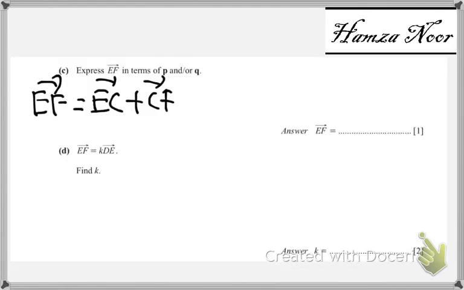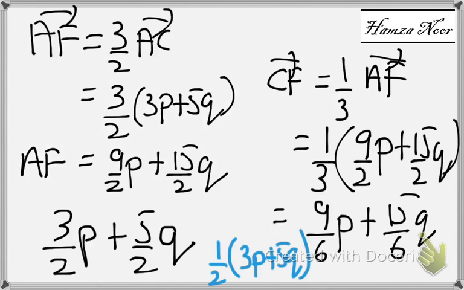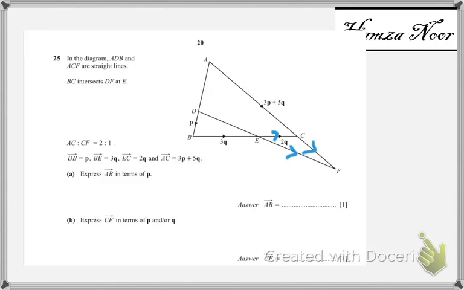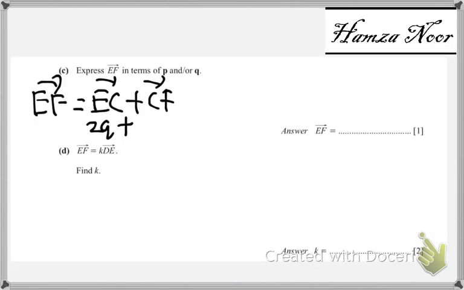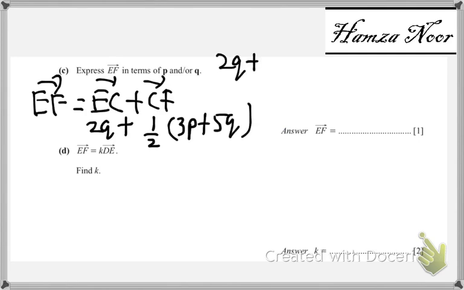EC is 2Q, and CF you just found in part B, 1 over 2 times 3p plus 5q. If you simplify it, 2q plus 3 over 2 p plus 5 over 2 q.